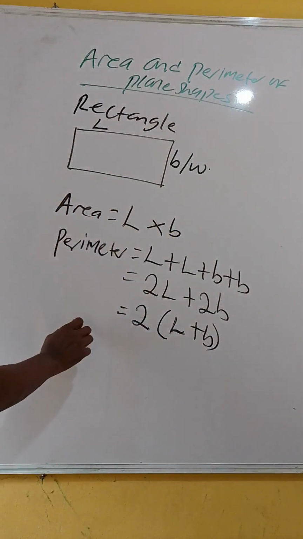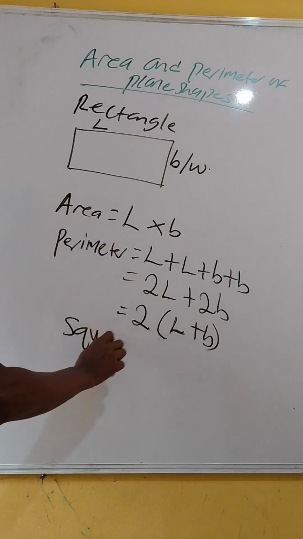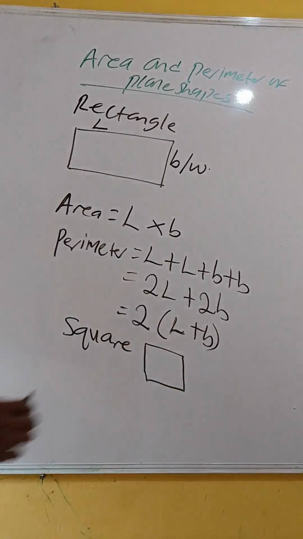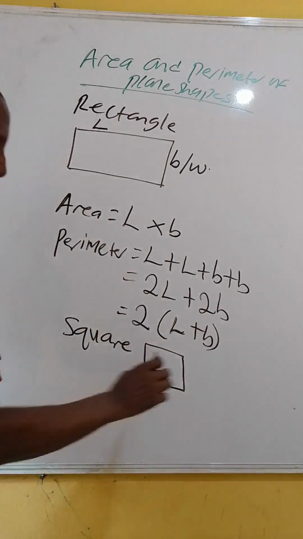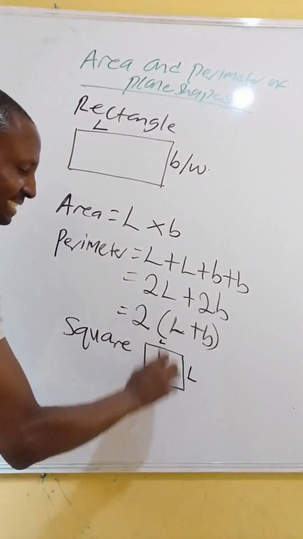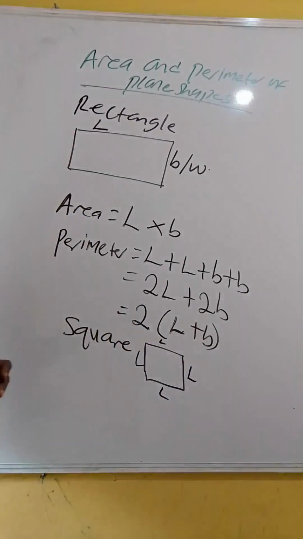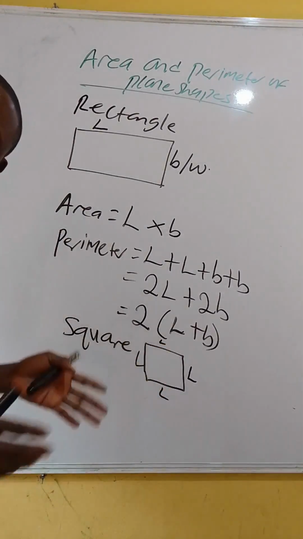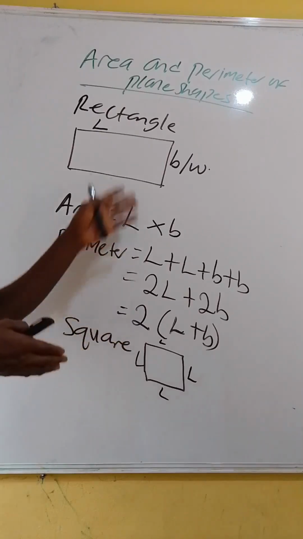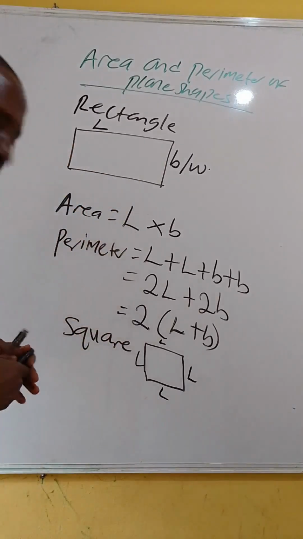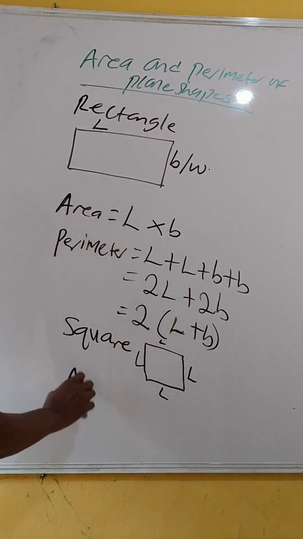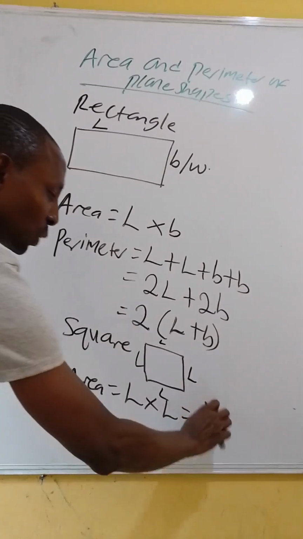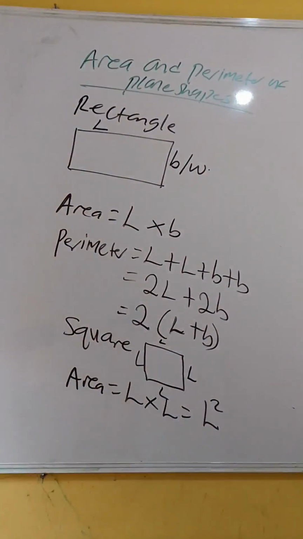A quick one, let's look at a square. A square has all sides equal. So this is length, length, length, length. The same thing, this is an example of maybe a shorter rectangle. So the area is still length times the length, which will give us length square.